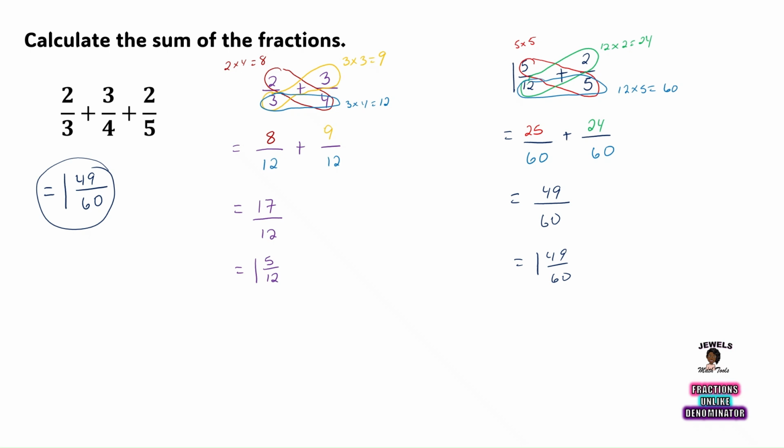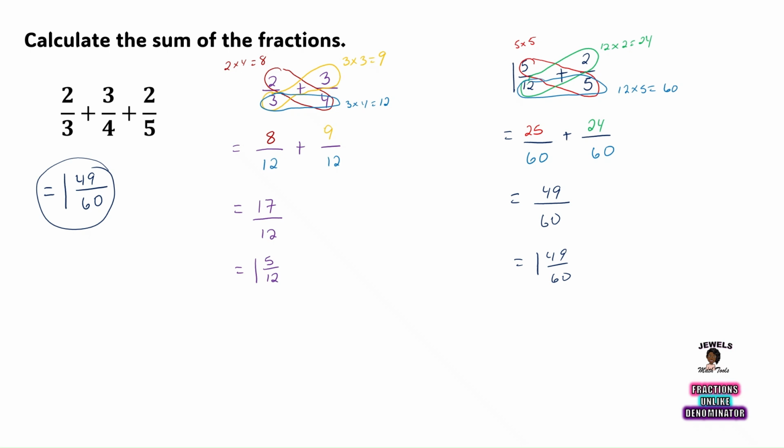And remember that if you are using cross multiplication and you have three or more fractions involved, you will have to do the cross multiplication step for every two fractions. So if we were working with four fractions, then after I would have gotten my sum of the first three, I would have had to apply the cross multiplication step again to the fourth fraction in order to get my solution.